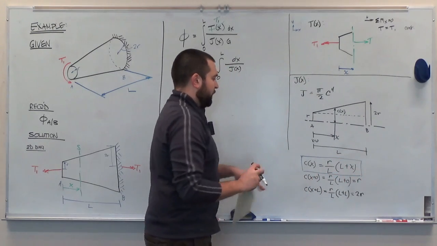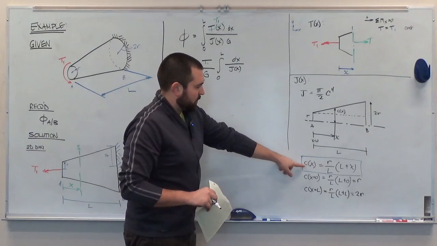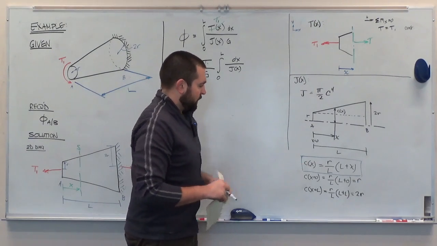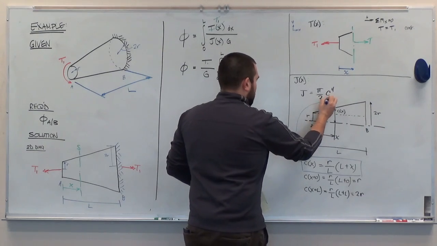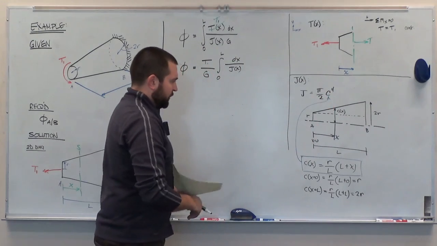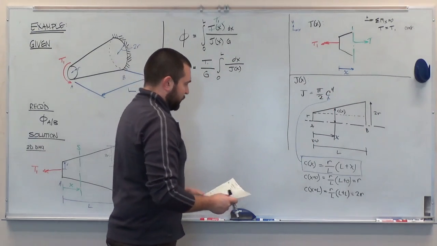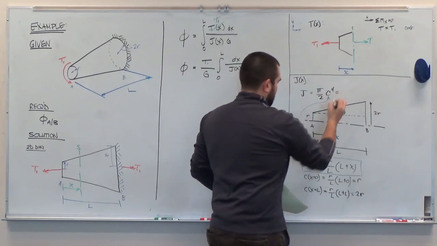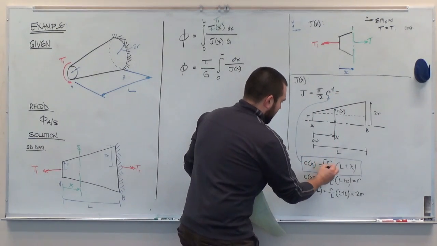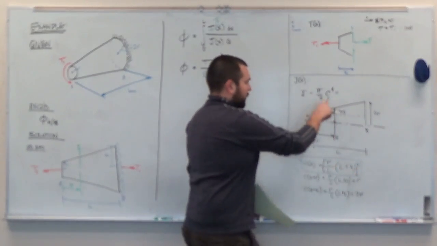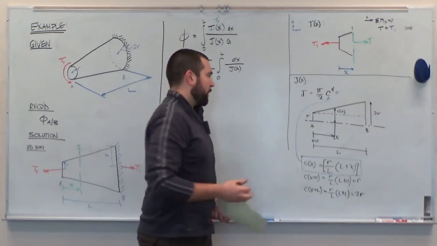So if that is the radius as a function of x, we need to take this and plug it into our polar moment of inertia equation. It's relatively straightforward, still just algebra at this point. I'm going to take this entire quantity right here, plug it into this equation, and take it to the 4th power.